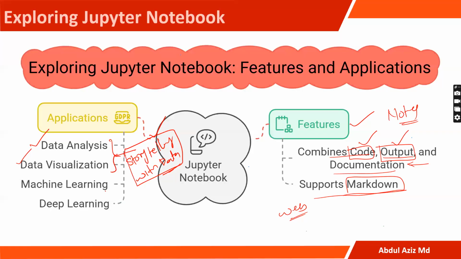And for machine learning and deep learning also, we can use the Jupyter notebook, right? Before model building for machine learning, we need to do the data analysis. After doing the data analysis only, we build the machine learning model.